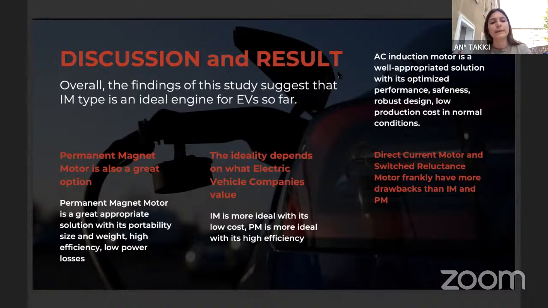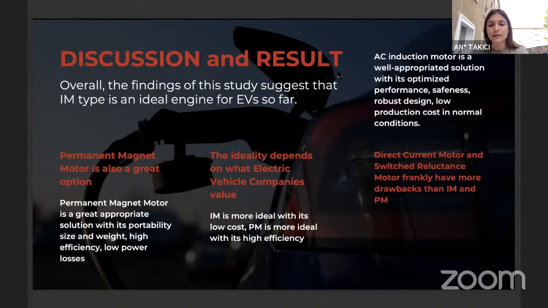However, permanent magnet motor is also a great option, because it has portable size and weight, and high efficiency, and permanent magnet is more efficient than induction motor and has low power losses. That's why it could be a great option.